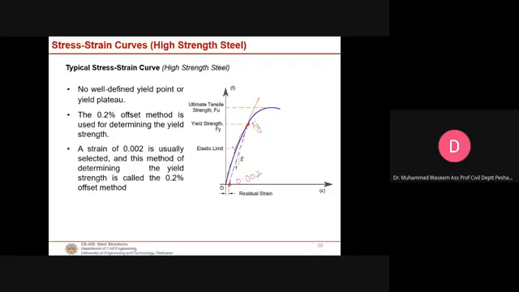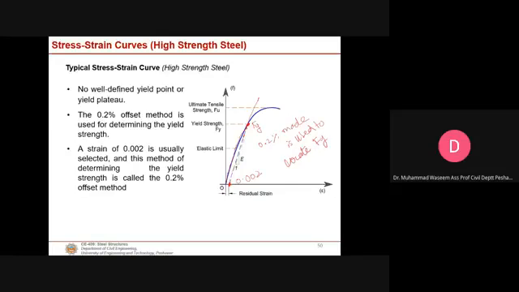So the 0.2% offset method is used to locate Fy, the yield strength, for high alloy steel.